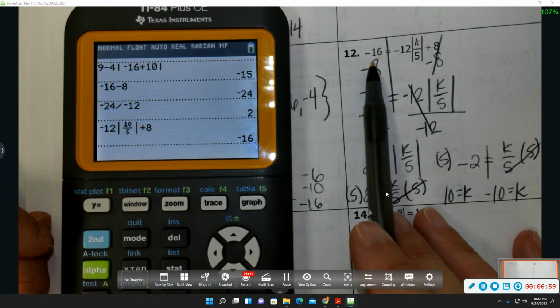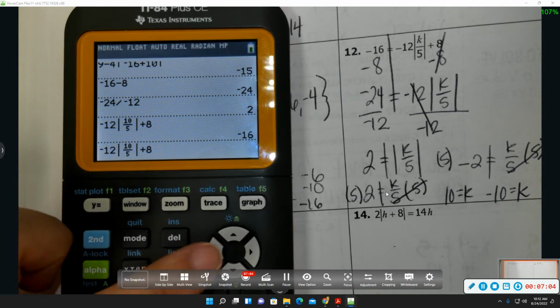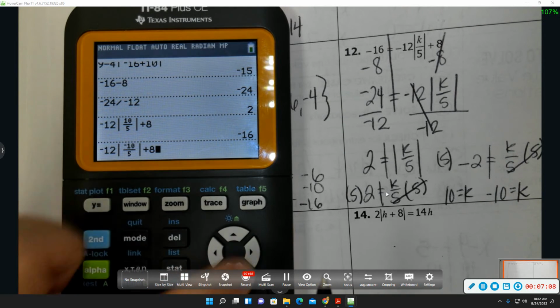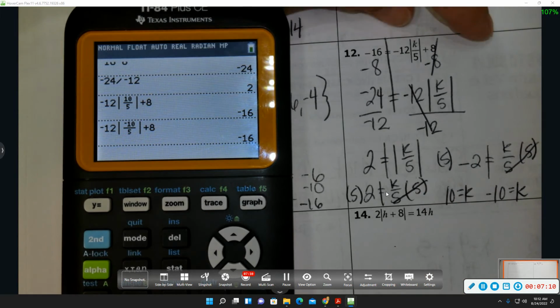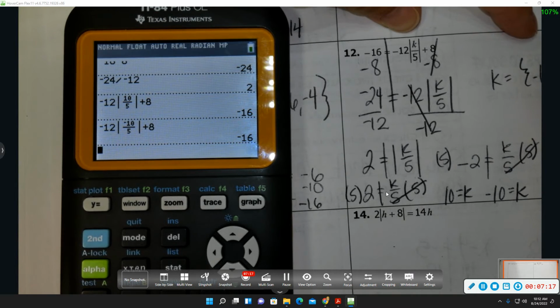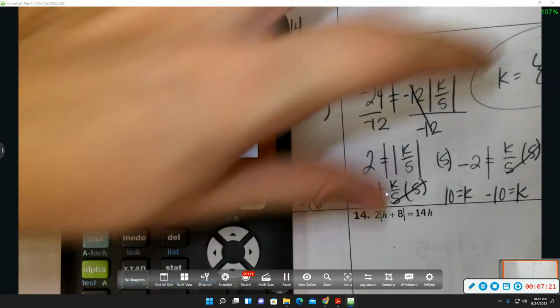That's what I was supposed to get out. I'm going to go back up here and just change this because my other answer is negative 10. And I also got out negative 16. So both of these work. So k is equal to negative 10 and 10. And that would be your answer.